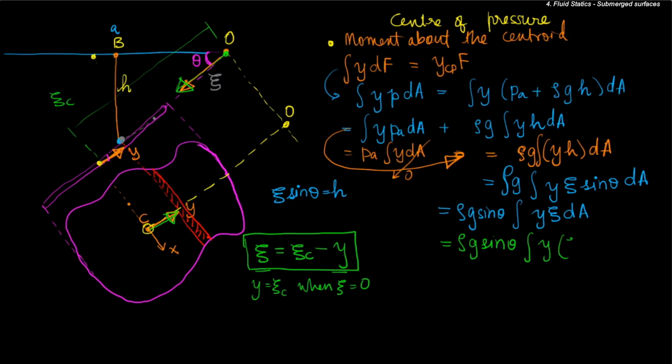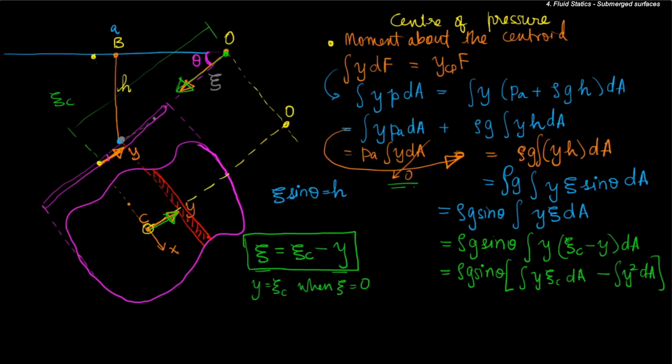So y times xi c minus y dA, this is equal to rho g sine theta integral y xi c dA minus integral y square dA. Now because xi c is a constant, xi c can come out of the integral, and this integral becomes y dA.